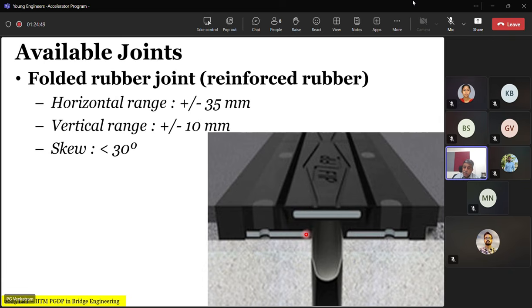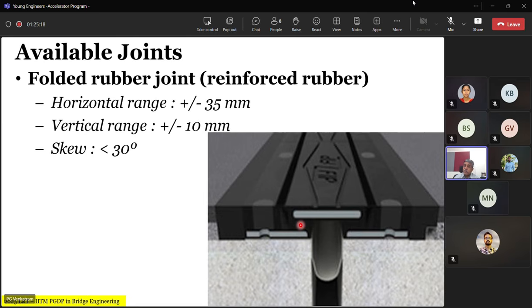They have reinforcement steel here, not continuous, but broken. When the expansion takes place, the rubber between them deforms and accommodates the movement. The vertical load is transmitted by this rubber to this, and through this rubber to this, so that there is no bump felt on it. So this is also good for about 70, 80 mm.